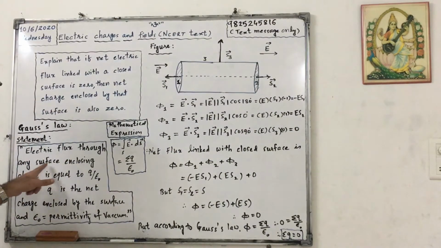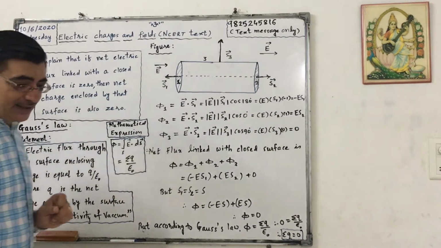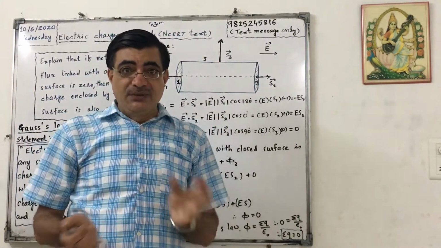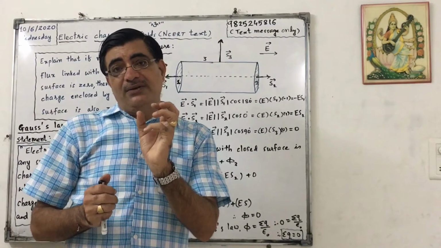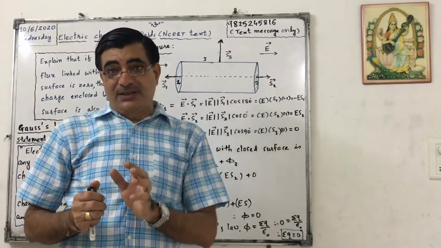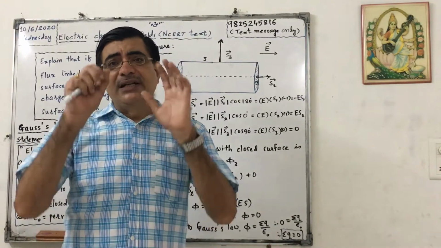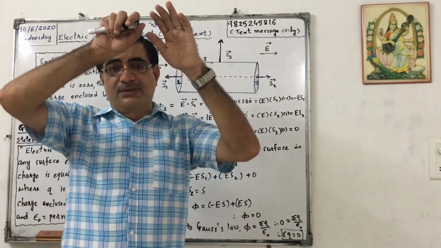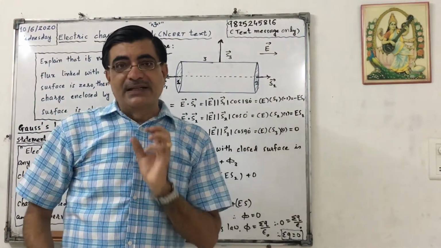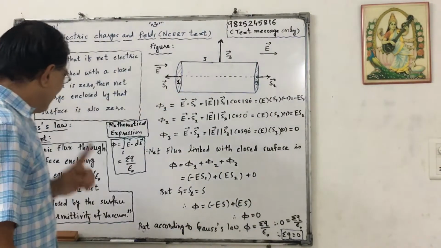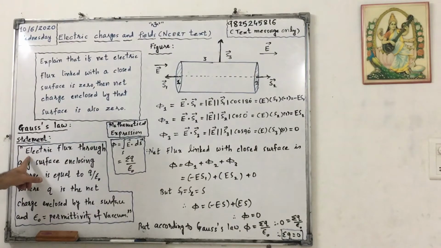Through any surface enclosing charge. See here, we need a closed surface in which we should have some enclosed charge. The net charge may be zero, but it is called enclosed charge. So one closed loop, and inside it there is enclosed charge. In that case, the electric flux through that surface will be equal to Q upon epsilon naught.